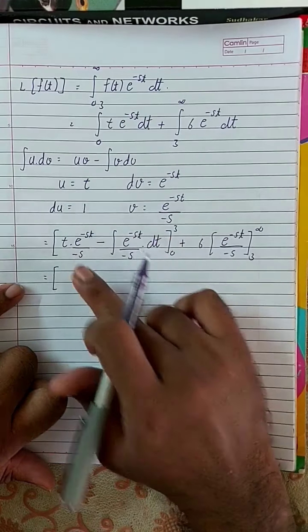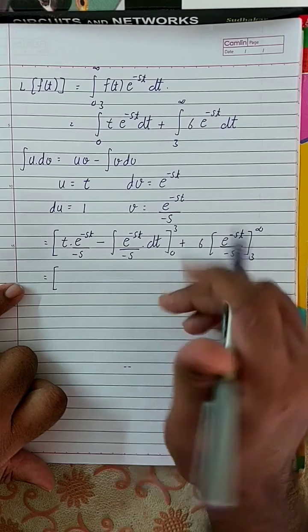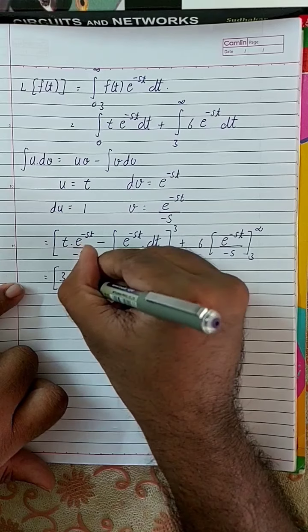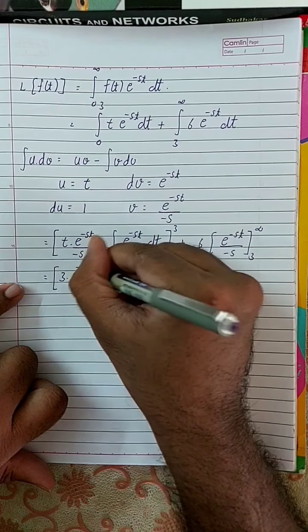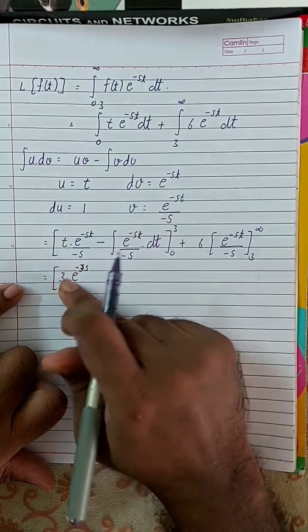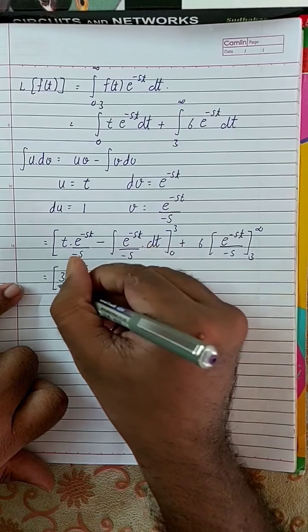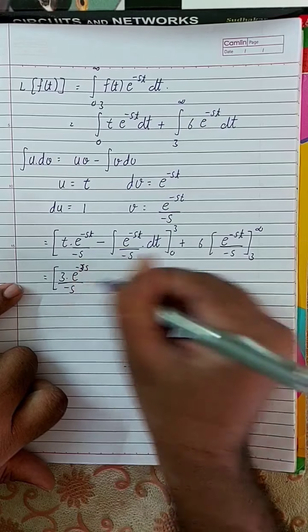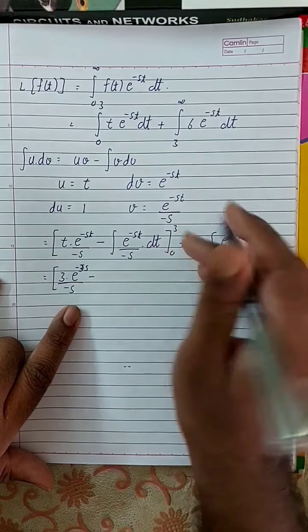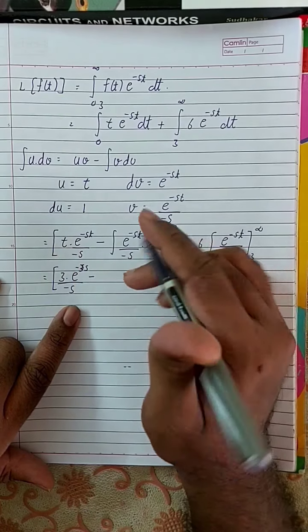This is also equal to, here I can substitute the value of 3, so I will get 3 into e raised to minus 3s by minus s. If I put 0, this will become 0, so forget about it.